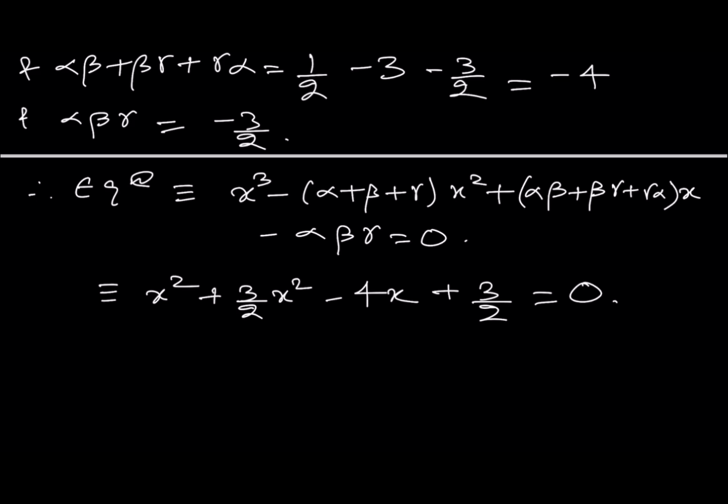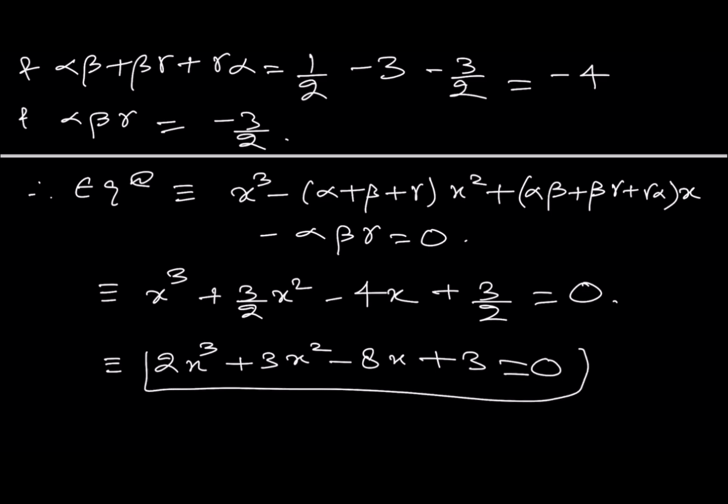Or 2x cube plus 3x square minus 8x plus 3 is equal to 0. So this is the required equation.